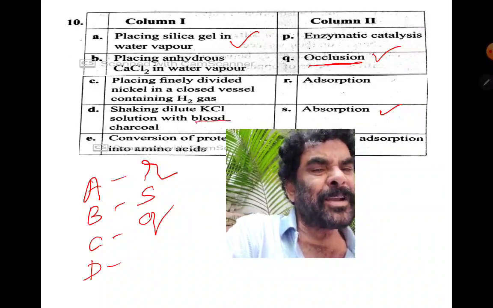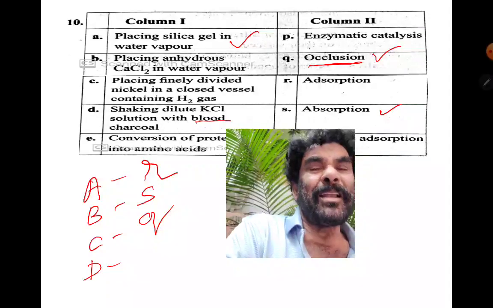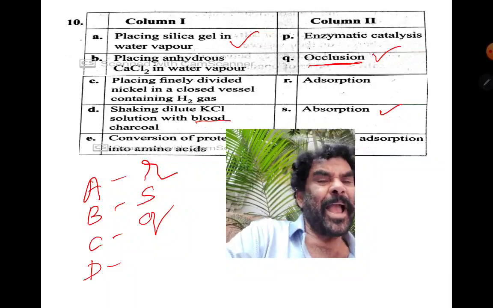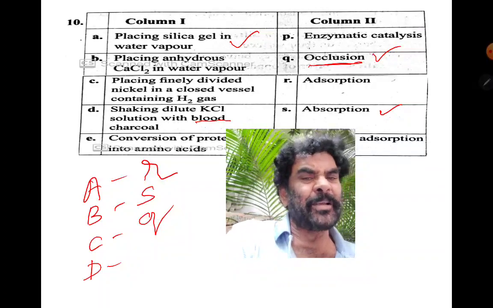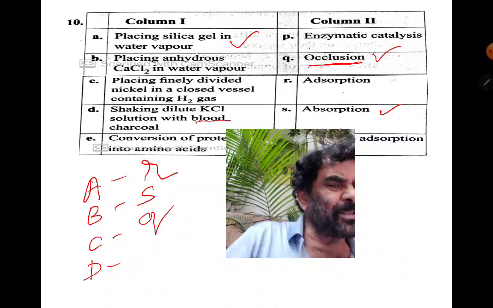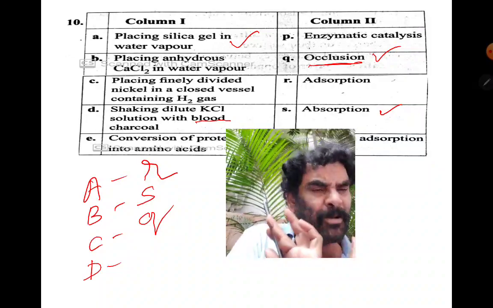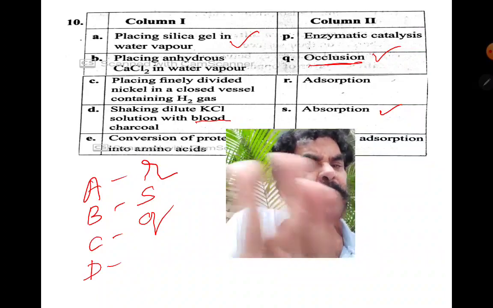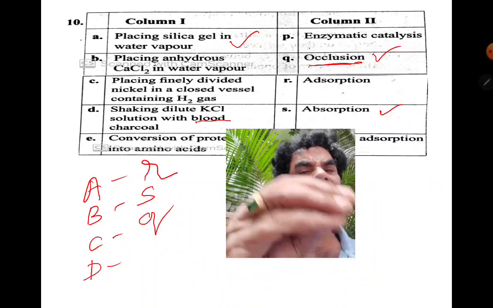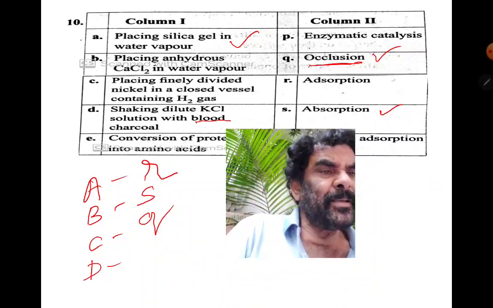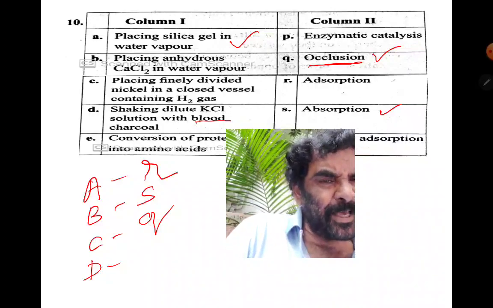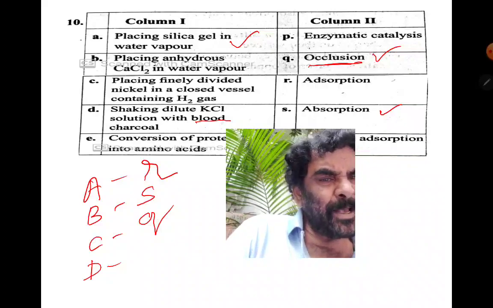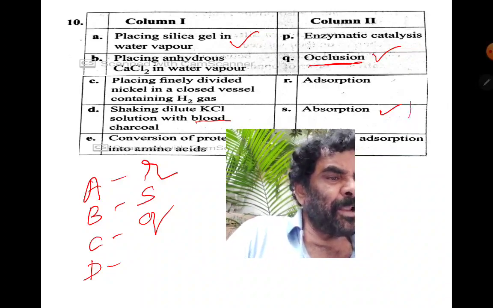Shaking of dilute KCl solution with blood charcoal. See, blood charcoal is like lamp black, activated charcoal, wood charcoal, animal charcoal and Japanese charcoal. There are several, based on the preparatory procedures, and it is an adsorbent. So with dilute KCl, what happens? Negative adsorption takes place.